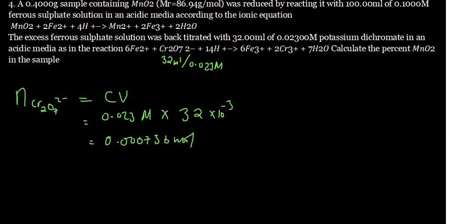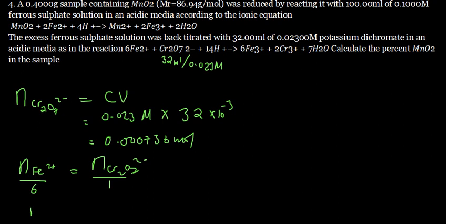Now another thing, remember the ferrous sulfate was in excess, meaning that everything that remained is what reacted here. So number of moles of iron 2 plus which remained to react divided by the coefficient, which is 6, is going to be number of moles of the dichromate divided by the coefficient, which is 1.